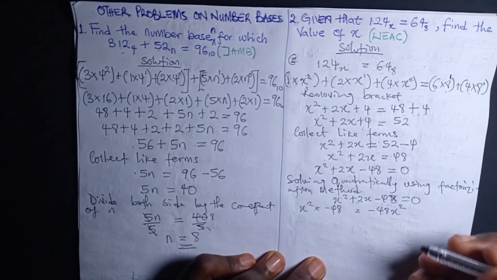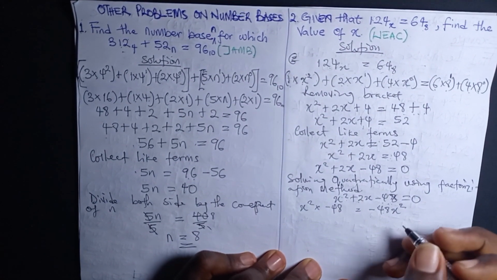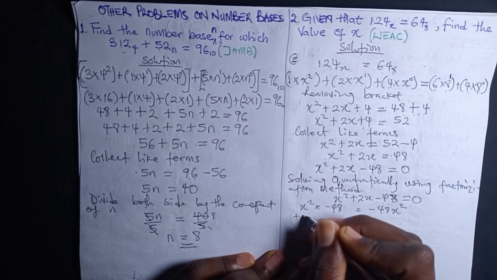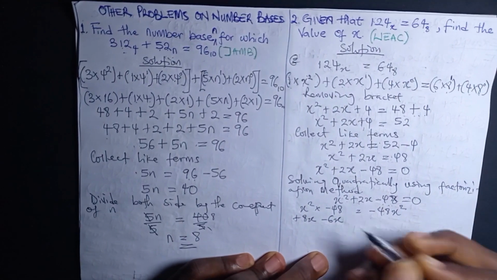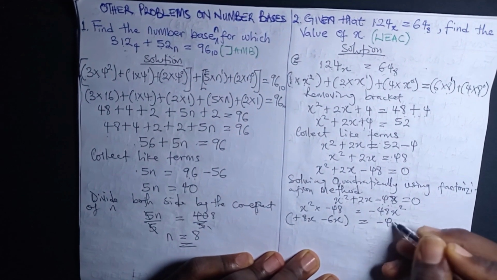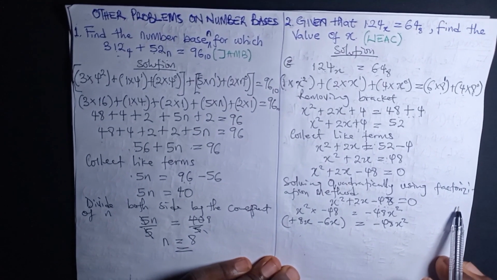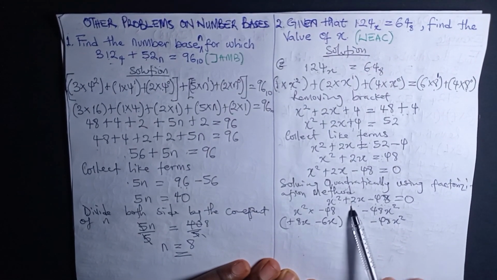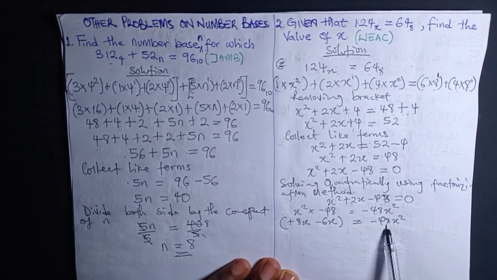Those values will be plus 8x and minus 6x. These are the values. These two values, whenever you sum them up, give you plus 2x, and if you multiply them, they give you minus 48x squared.